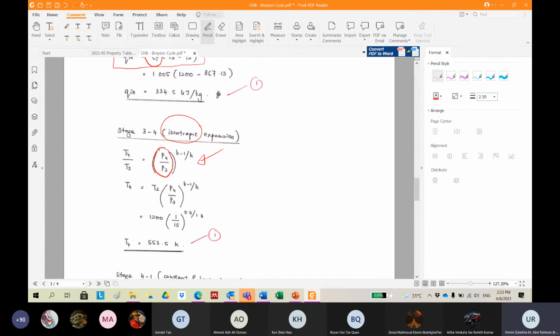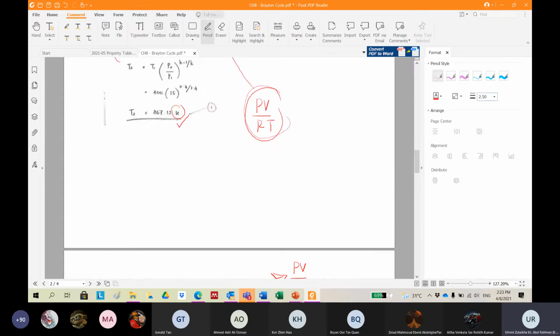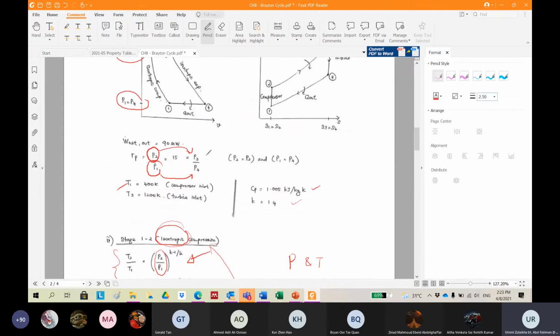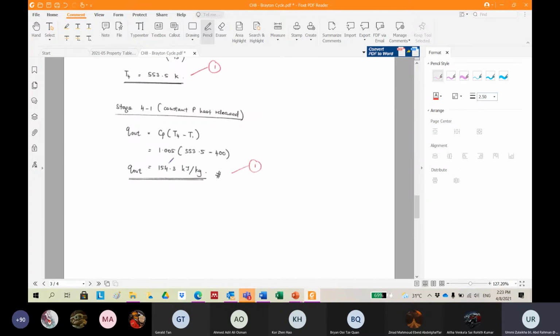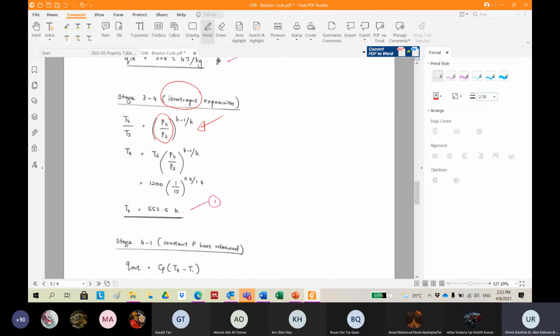Don't worry about this P3 over P4 because P3 over P4 is similar to P2 over P1. This information you can get from the PV and TS diagram. So you plug in all the information, and then you want T4 over T3. You use this formula properly, and then you get this value.